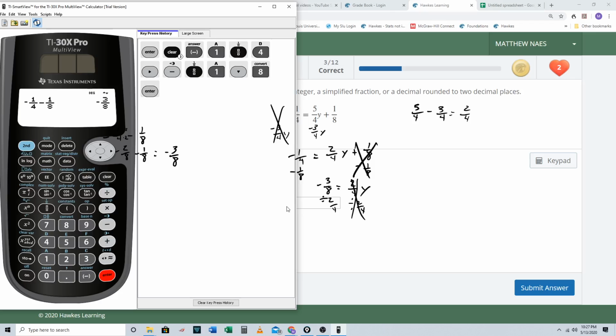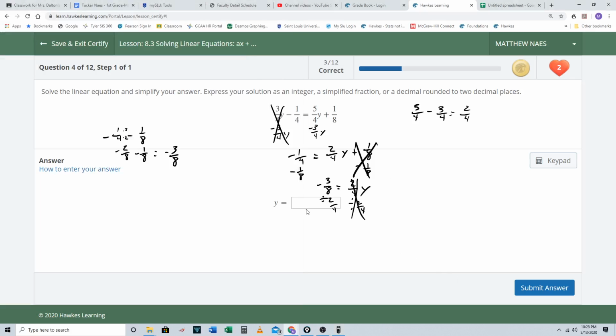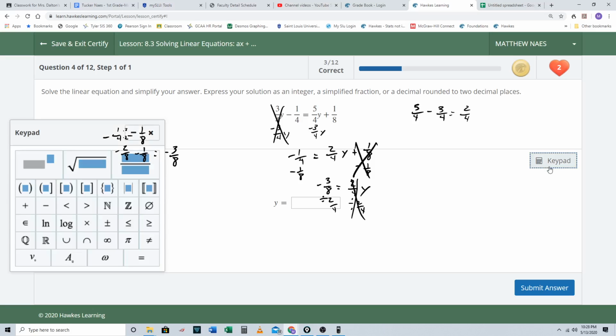But if you're fine using a calculator, use your calculator. So we got negative 3 over 8 divided by 2 over 4. Enter. Negative 3/4 is the answer, so put it in. 3 over 4. Answer.